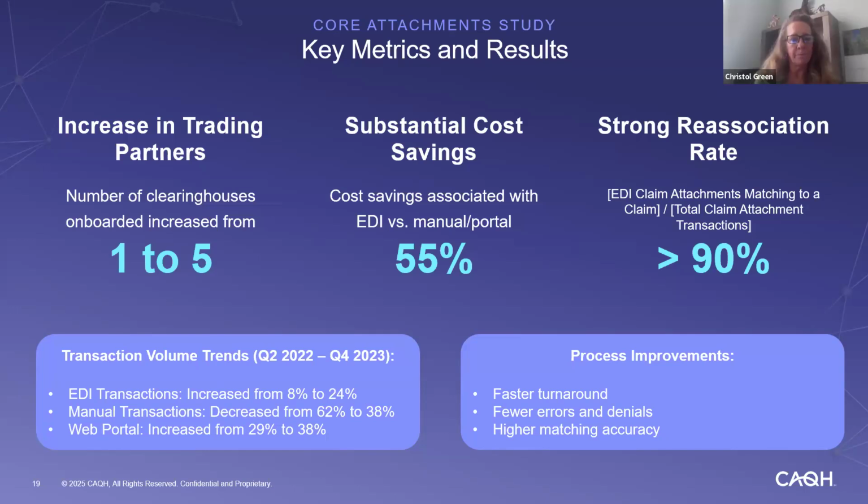Given process improvements, faster turnaround, fewer errors, and a higher matching rate for accuracy, the plan had significant success with implementing the 275 transaction with the 837 transaction. And again, this plan is continuing this process and rolling it out to more and more trading partners and more providers to see increased numbers throughout 2024 and 2025.